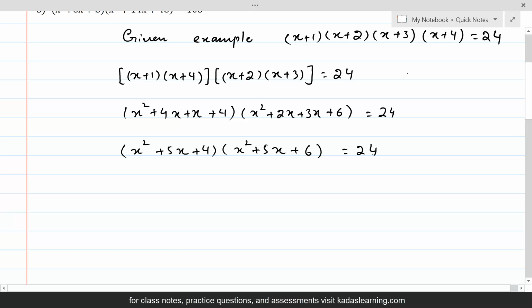Like before, let's assume x squared plus 5x equal to y.